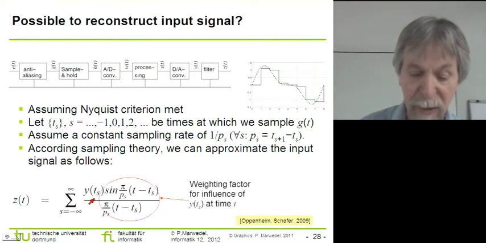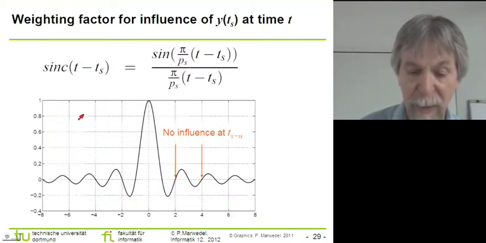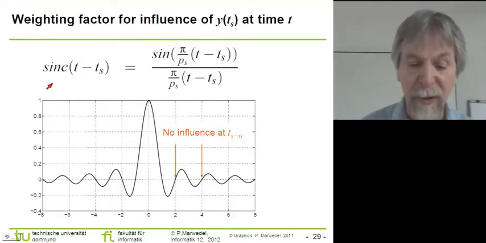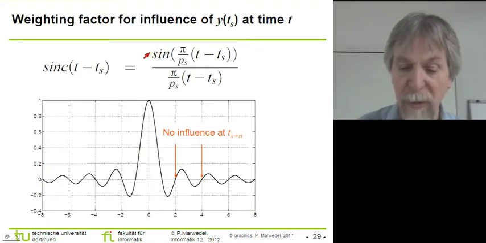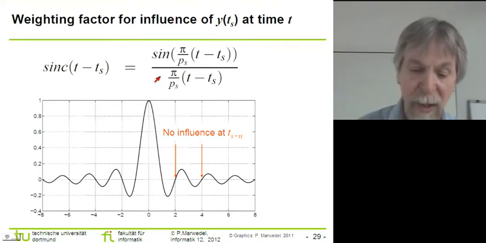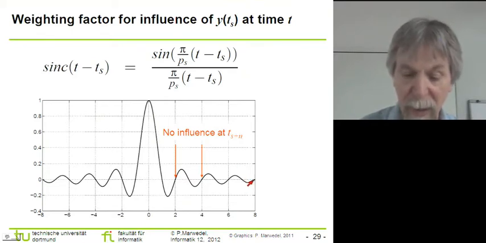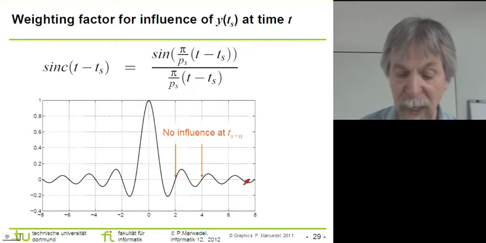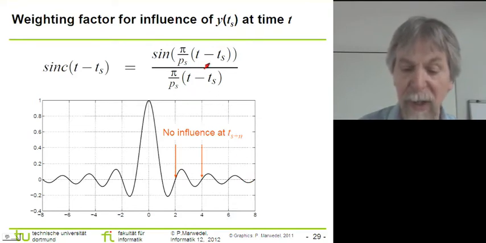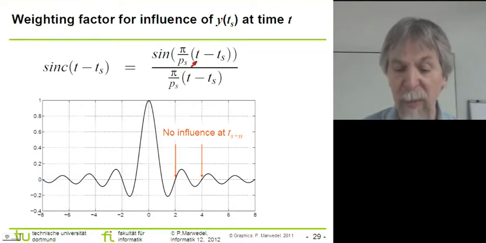So let's look at the details of this weighting factor. This weighting factor is called the Sinc function. The Sinc function involves the sine function and an additional expression there which results in a decrease of that sine function for larger values of the arguments. Now for this function we do have zeros for the case where the difference between these two instances in time corresponds to the instances at which we are taking samples from the input signal.